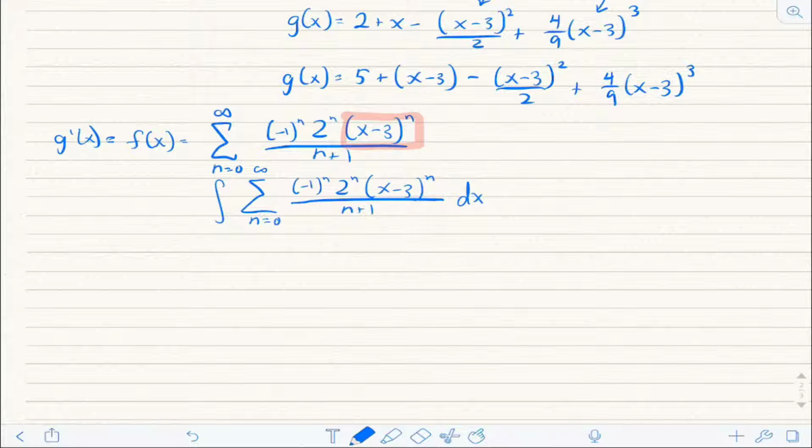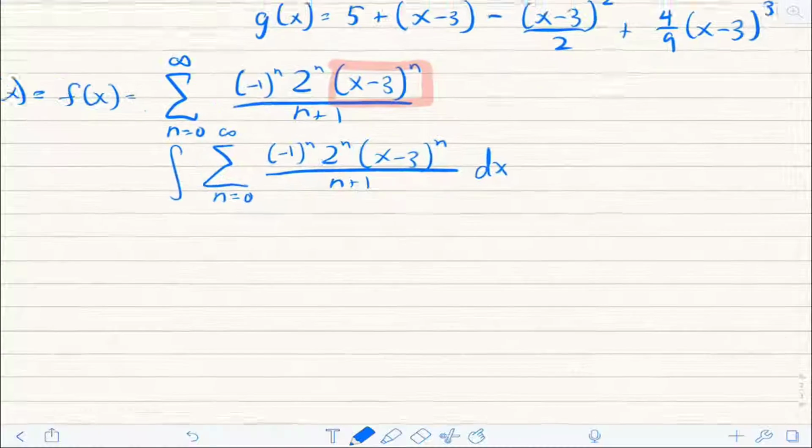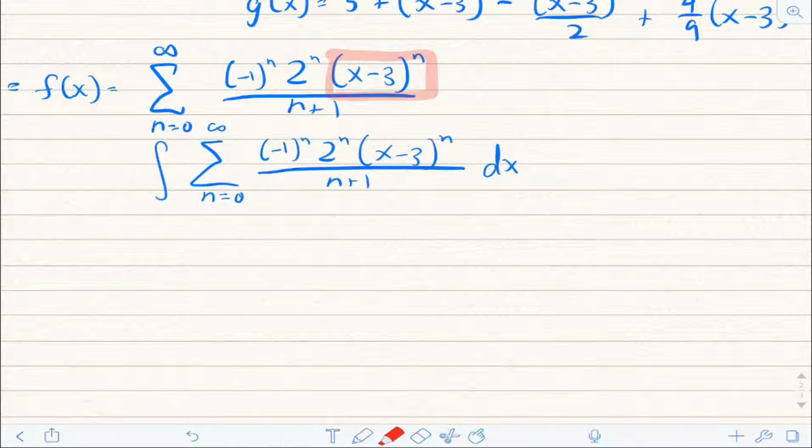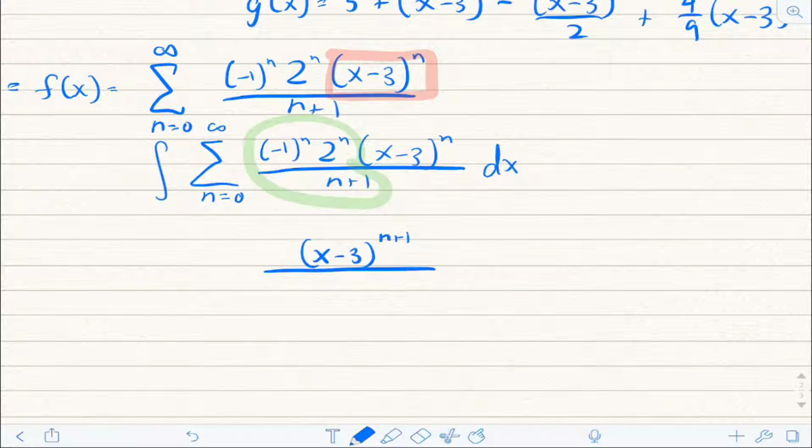Yet again, the n values don't really matter too much, so you can just ignore this whole section, because it's all going to be a constant. So I would do x minus 3 to the n plus 1 over n plus 1. I just increase the power by 1 and place it in the denominator.